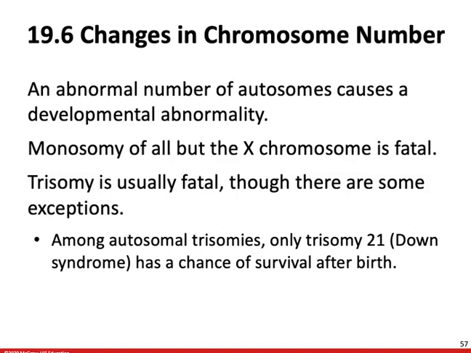There are just a few trisomies that can survive. Trisomy 21, so 3 copies of the 21st chromosome, is the only trisomy that does survive after birth. It's the only one that has a chance of survival beyond early childhood.